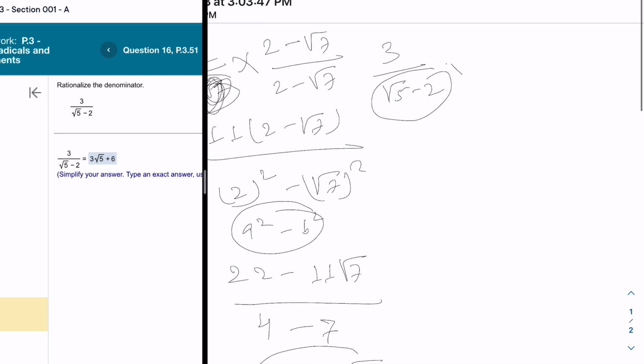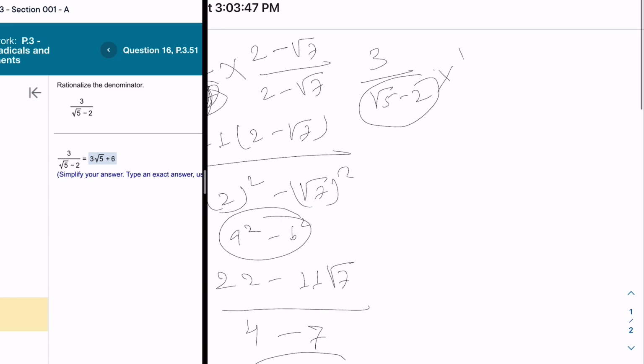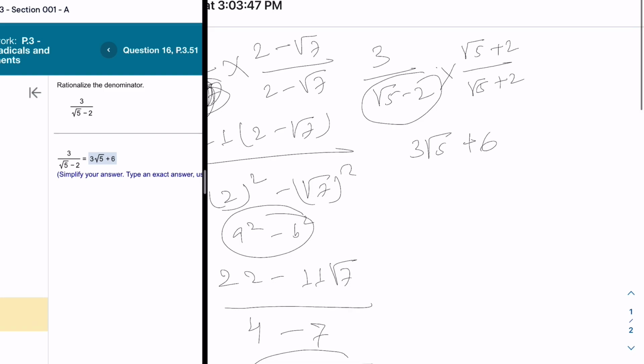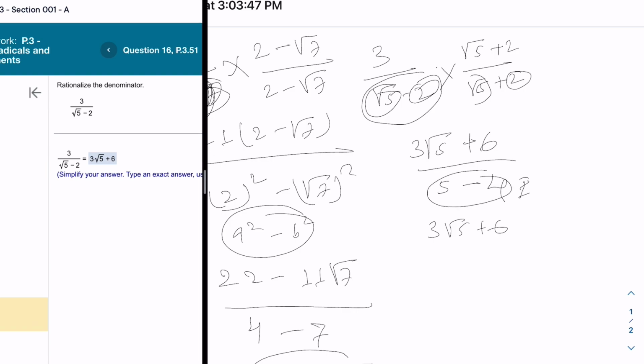Conjugate means root 5 plus 2 over root 5 plus 2. So the numerator is 3 root 5 plus 6, over root 5 squared, which is 5, minus 2 squared, which is 4. So the denominator is 5 minus 4, which is equal to 1, so we don't need to write 1. Our answer is root 5 plus 6. This is the last answer.